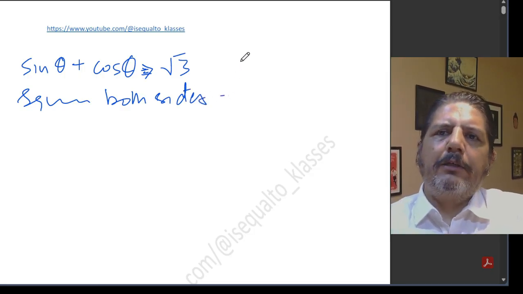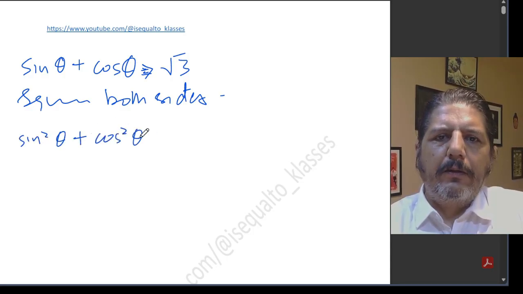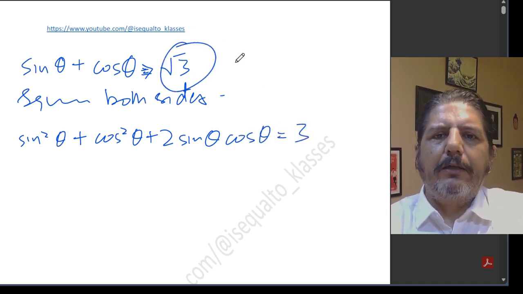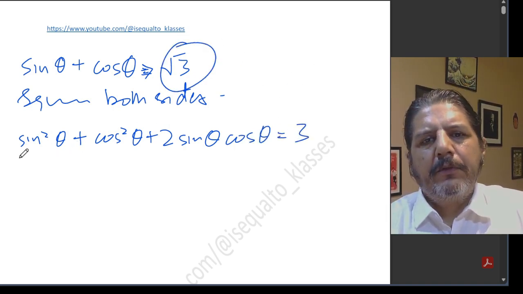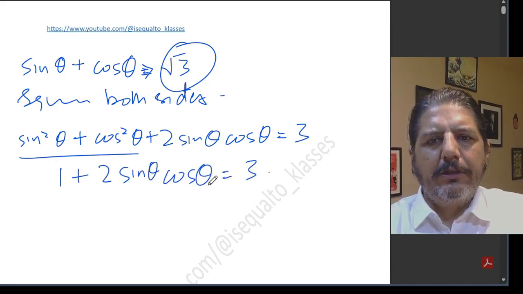So sin²θ plus cos²θ plus 2 sin theta cos theta equal to 3, because when I square root 3 it becomes 3. Sin²θ plus cos²θ would be equal to 1, so 1 plus 2 sin theta cos theta equal to 3.